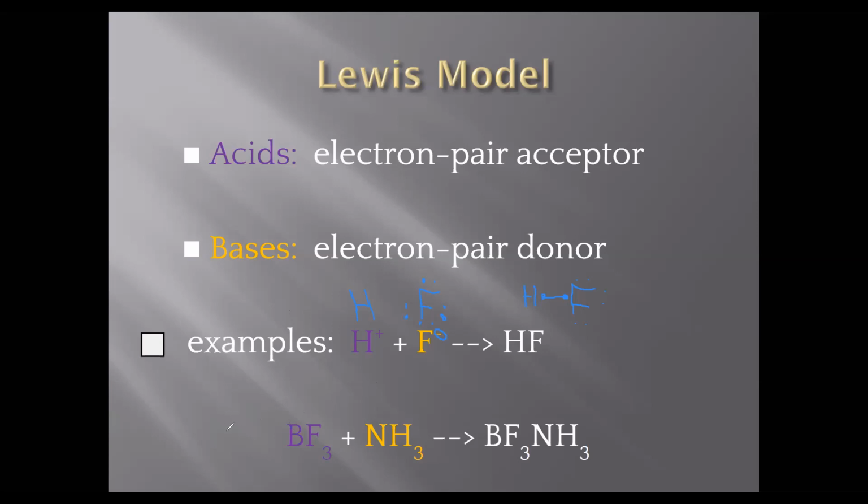For our BF3 over here, so boron trifluoride, we have our boron in the middle. We have 1 F, 2 Fs, 3 Fs. Whoops, there we go, 3 Fs. And so we have our boron with its 3 bonds here.